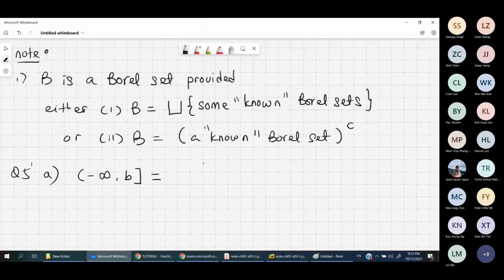So we can put it as the union of (negative k, b], with k running from 1 to infinity. I think it's clear, right? You are just running k from 1 to infinity, so it will blow up to infinity. Clearly this is an open-close interval, so it must be a Borel set, because we know all these are Borel.